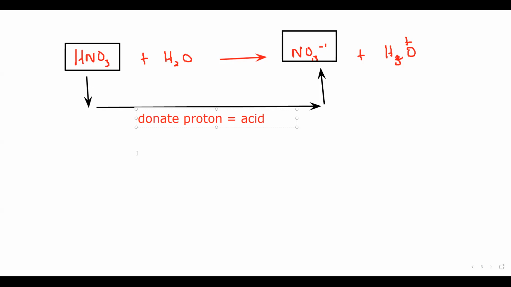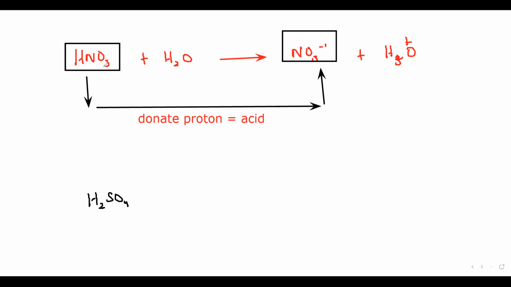Another example, you have H2SO4. In the previous example, as you can see, first it is HNO3 and then it becomes NO3.